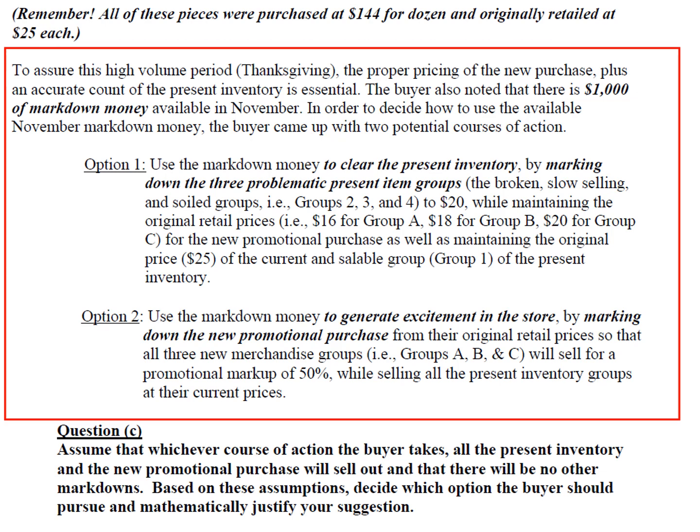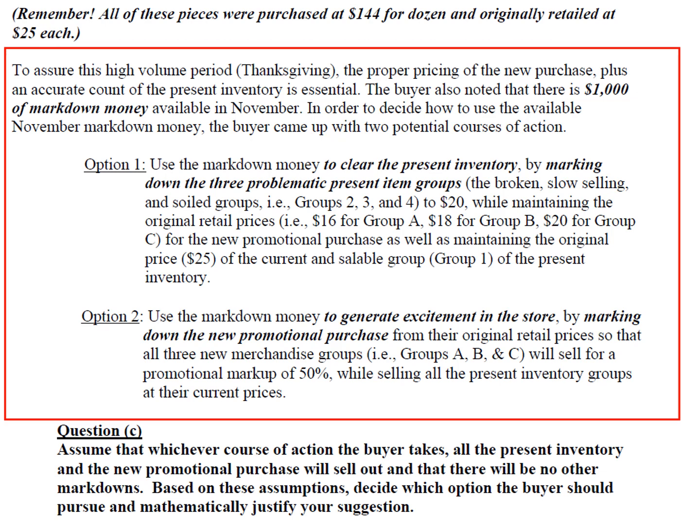Option number one, she could use this markdown allowance money to clear the present inventory, which means she's going to mark down the present inventory. The first group had no problem selling at the original price, selling pretty well, so she could just maintain the original price for the first group. But there were three groups, group 2, 3, and 4, that had a problem.